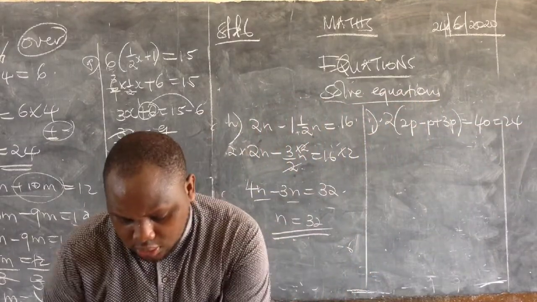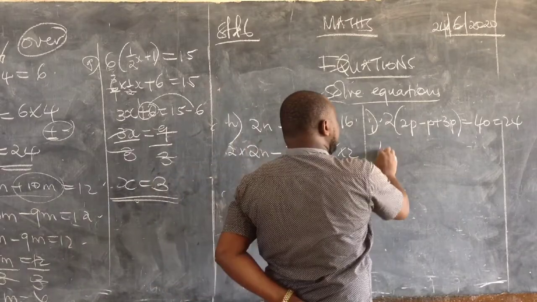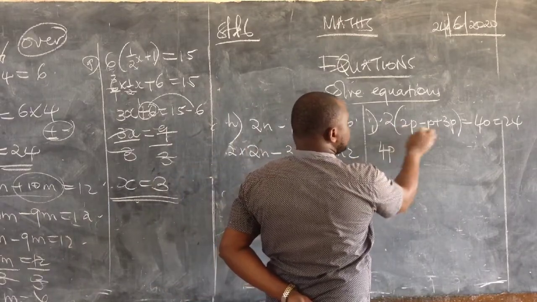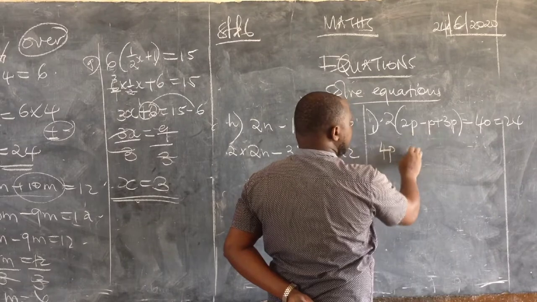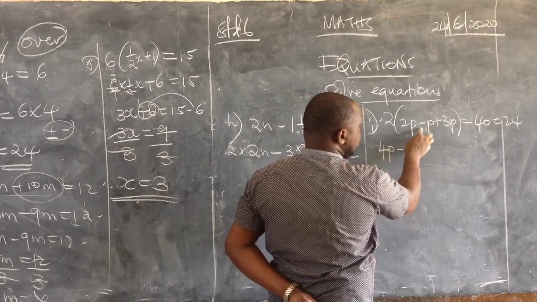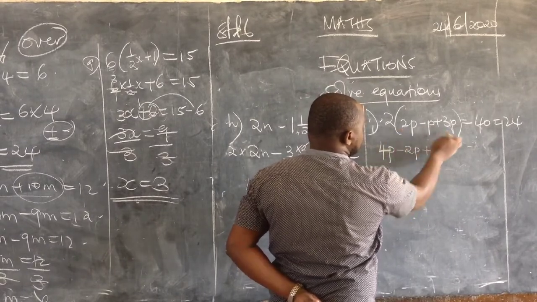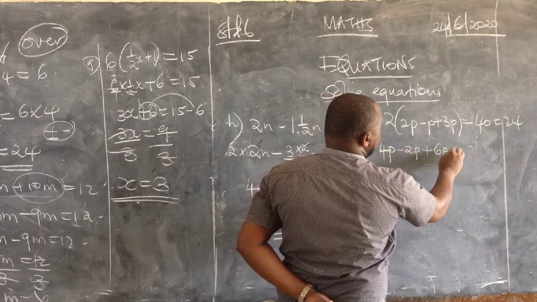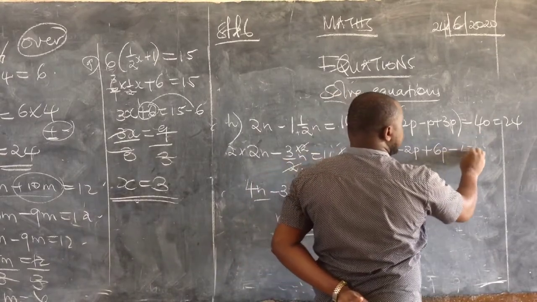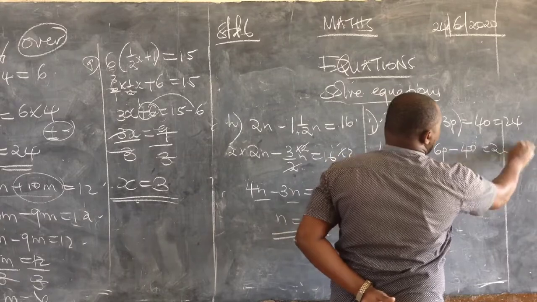Let's do this question right. 2 times 2p gives you 4p. This is 2 times negative p, minus 2p, the sign is going to be minus. Plus 2 times 3p, 6p, then minus 40 is equal to 24.